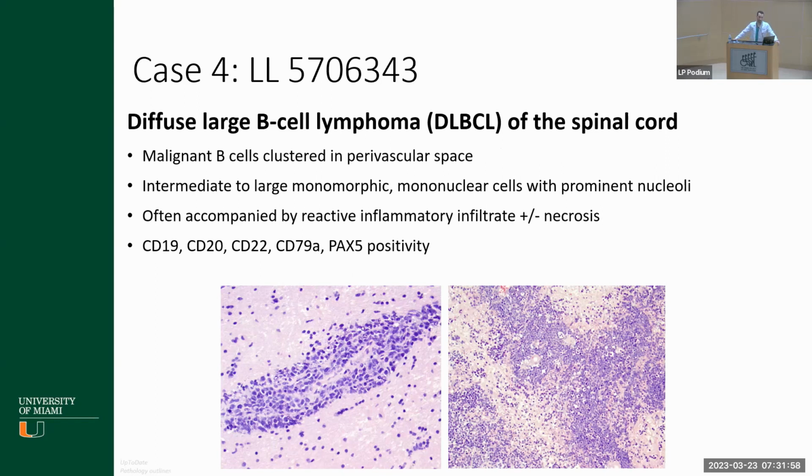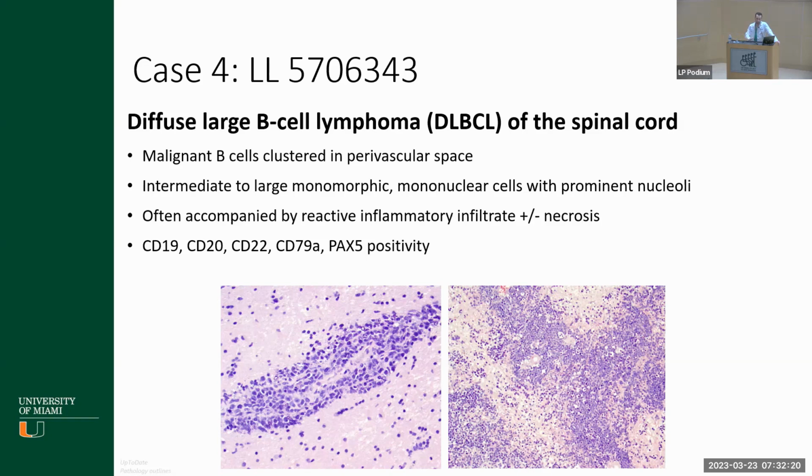So in terms of the histology, malignant B cells cluster around the perivascular space, typically intermediate to large monomorphic mononuclear cells, and prominent nucleoli can be seen. These are some of the B cell markers that can be seen, often accompanied by a reactive inflammatory infiltrate.